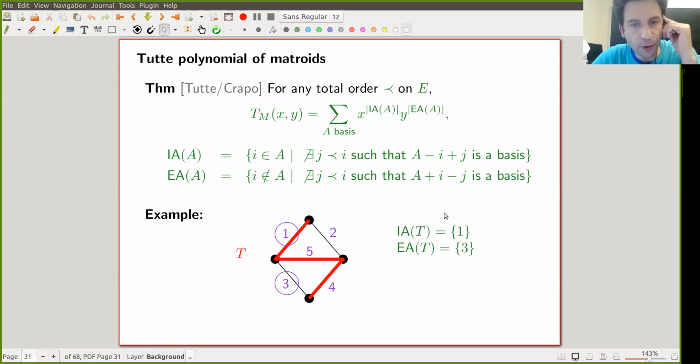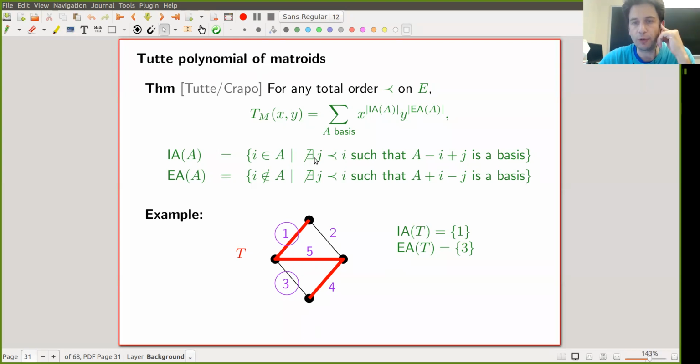As an example here, if I look at the matroid that corresponds to this graph and the basis that is this spanning tree. I'm saying that 1 is internally active because it is an element of T that cannot be replaced by a smaller element.